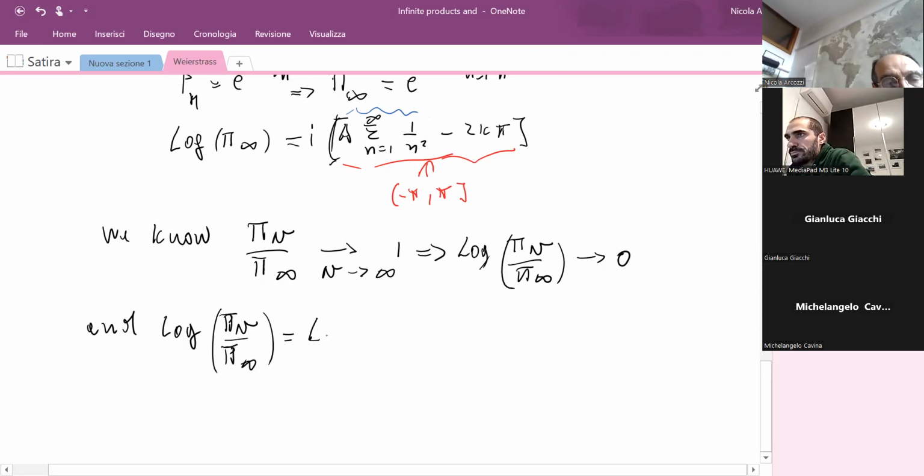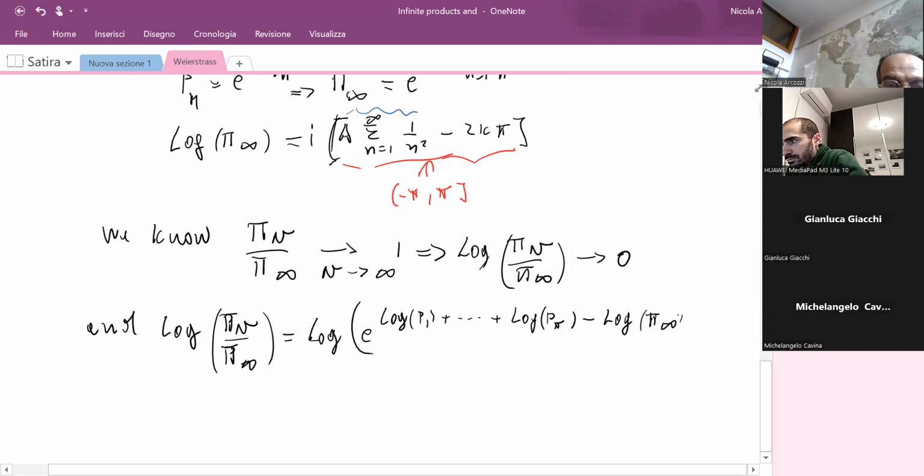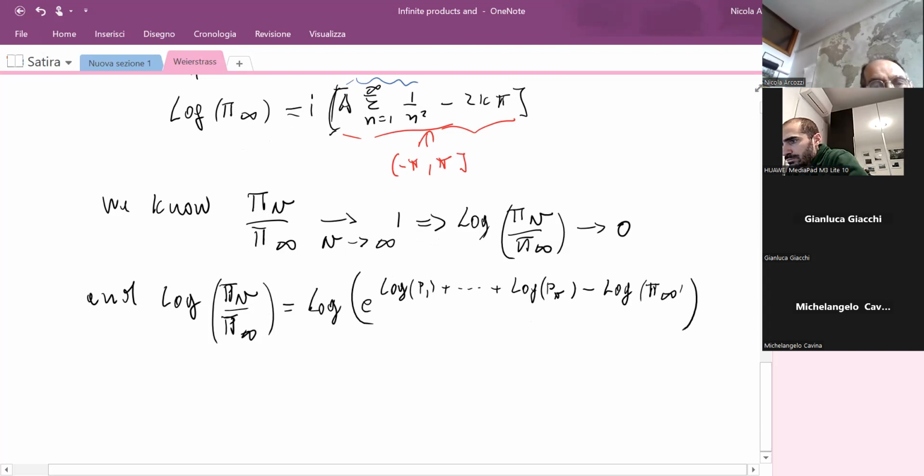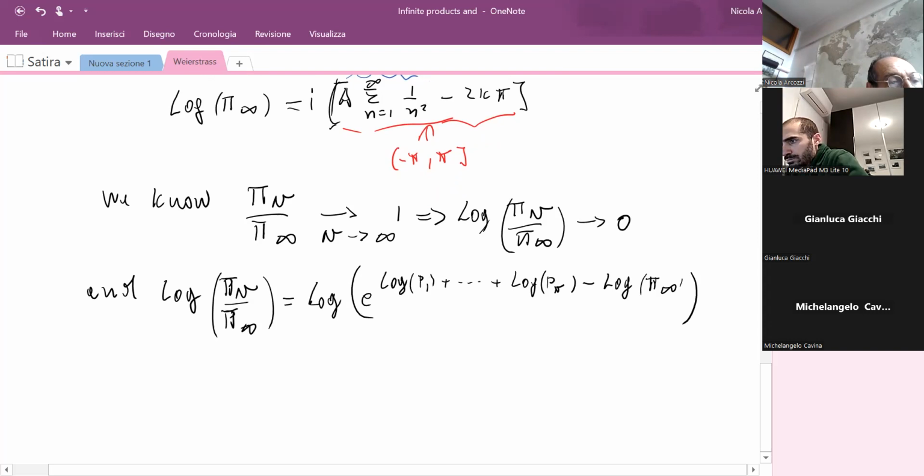This is the logarithm of the exponential of the sum of the logarithms. So log p_1 plus log p_n, that was rather minus log of the infinite product. That's true, right?